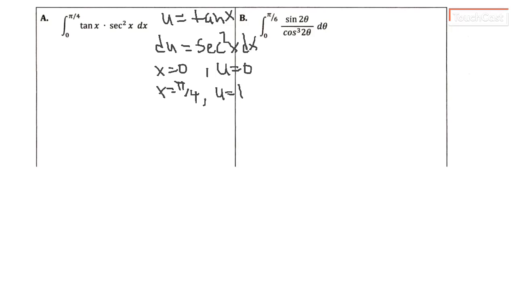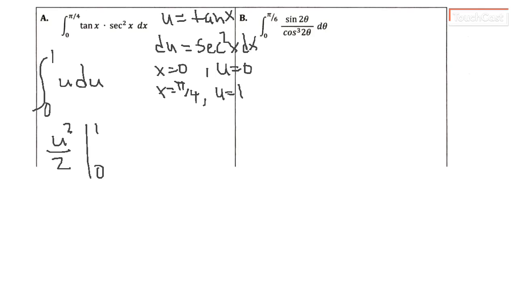So, we can now rewrite all of this. We're looking for the integral from 0 to 1 of u du, which means we can now integrate it. So we're going to increase u's power by 1, divide by that power, from 0 to 1.